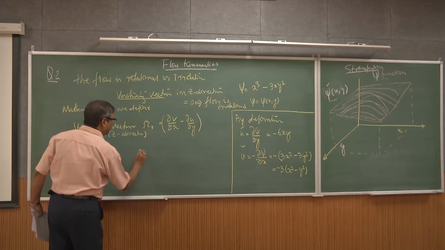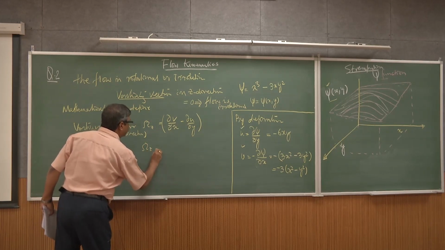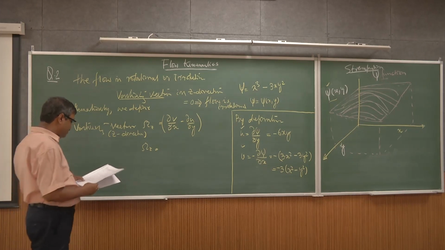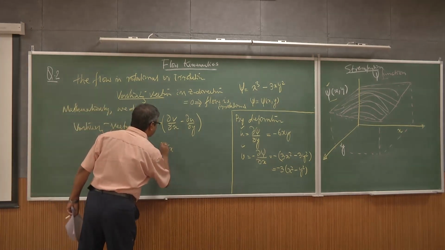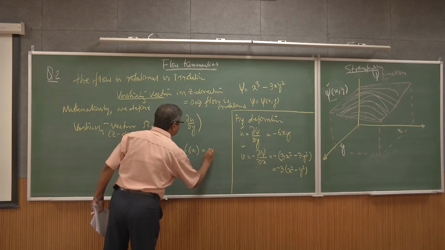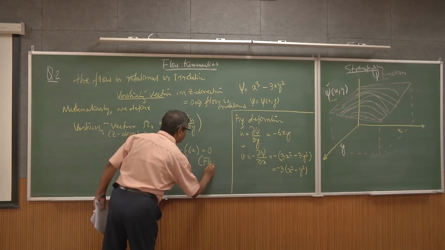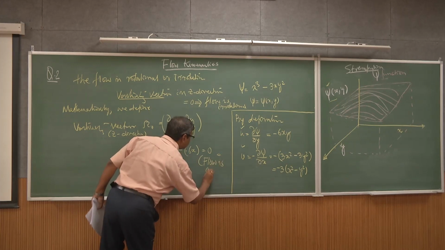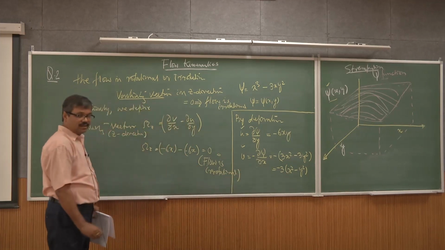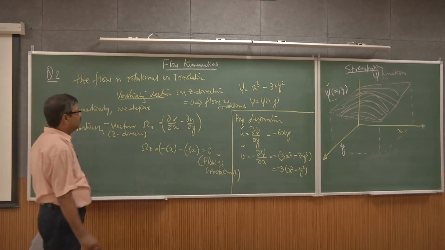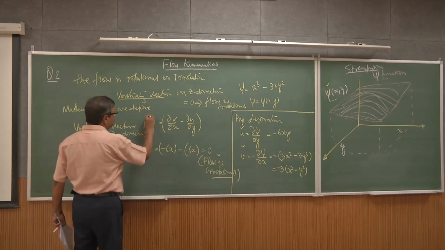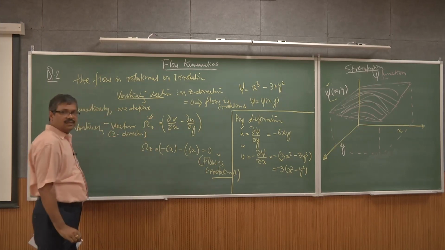Doing the partial derivatives, not going step by step, you will get minus 6x minus of minus 6x, which is equal to 0. That indicates the flow is irrotational. That is the first part: we have proved that the flow is irrotational, as the vorticity factor becomes 0.